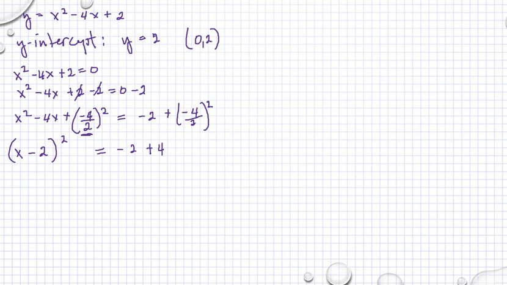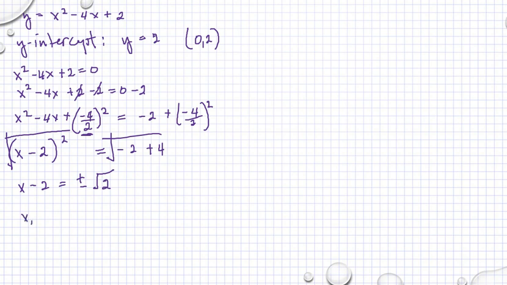Then we take the square root of both sides of the equation. Then we have x minus 2 is equal to plus or minus the square root of 2, as you can see here.